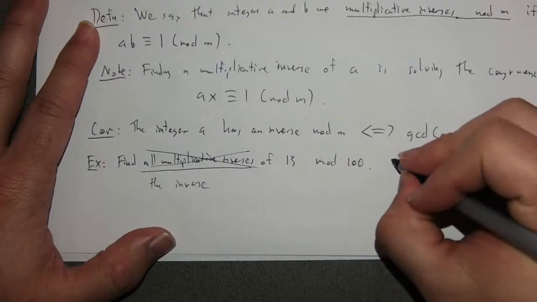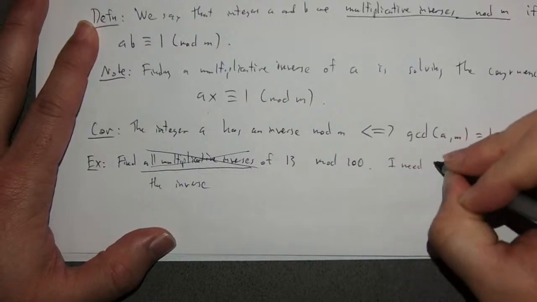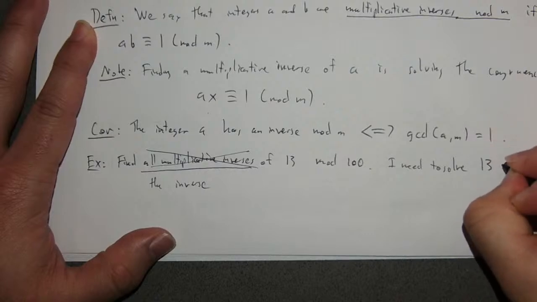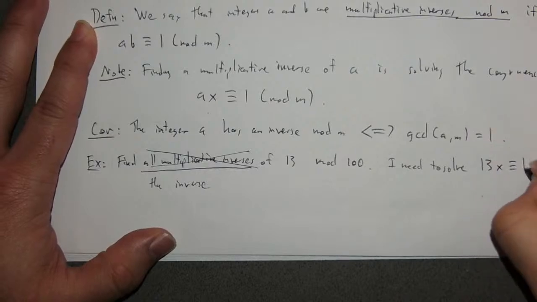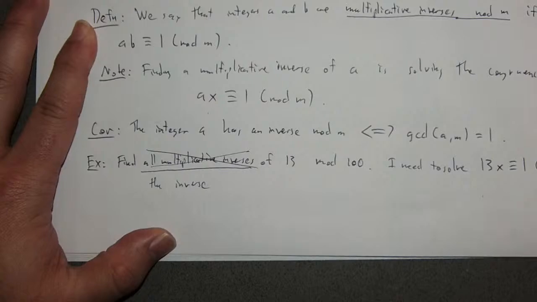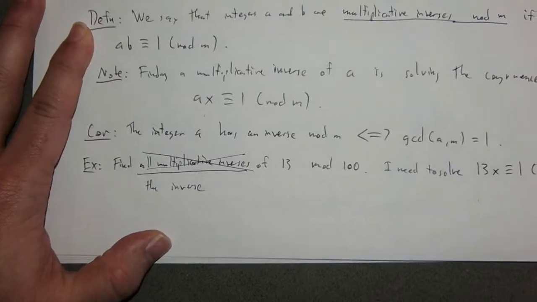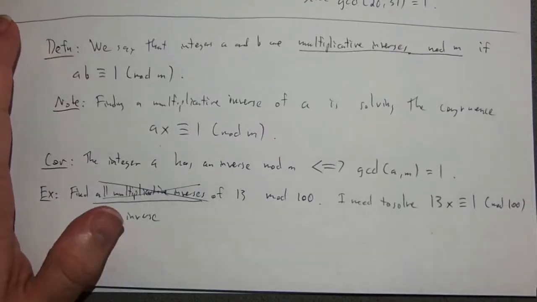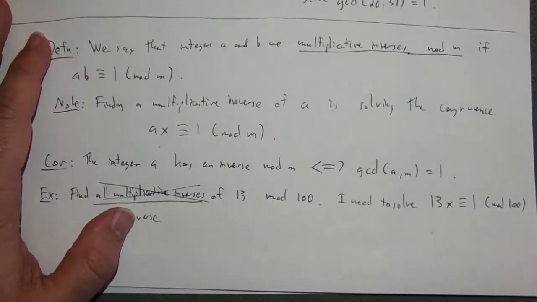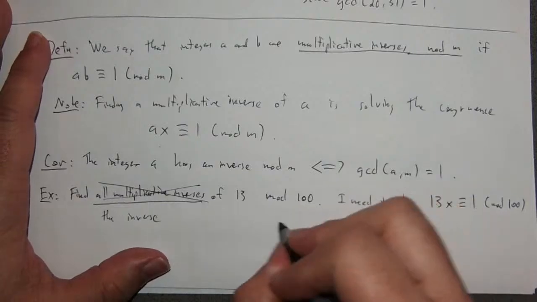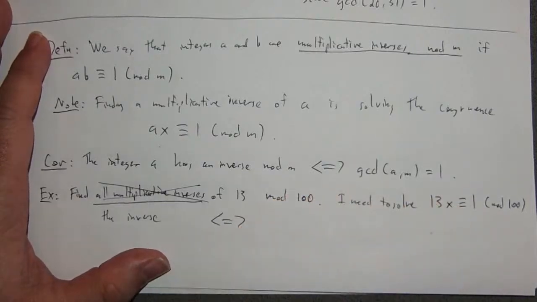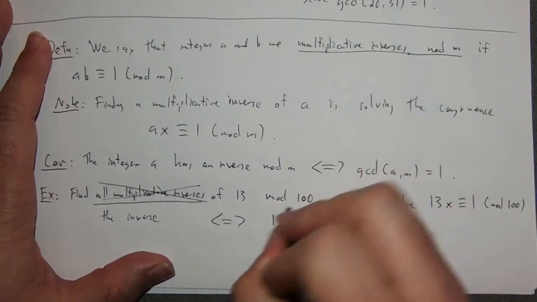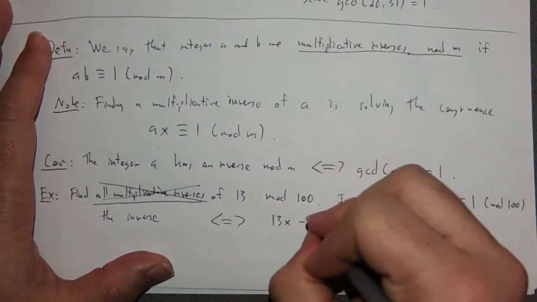This means I need to solve the congruence 13 times x is congruent to 1 mod 100. So 13 times x is congruent to 1 mod 100. This, of course, is equivalent to the expression 13x minus 100y is equal to 1.